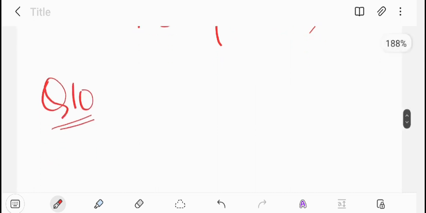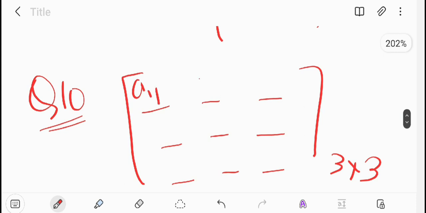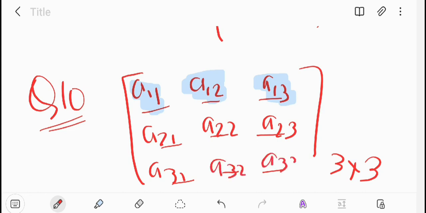What we have been given is a 3 by 3 matrix. So 1, 2, 3, 1, 2, 3, 1, 2, 3. These are the 9 positions in the 3 by 3 matrix, and you already know what will come here: A11, A12, A13, A21, A22, A23, A31, A32, A33.